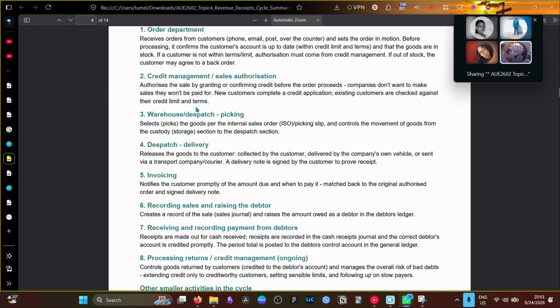Companies don't want to make sales they won't be paid for. New customers complete a credit application. Existing customers are checked against their credit limits and terms. So here, if I own a business, I want to make sure this person is going to pay me. And if this person has a track record that he has paid other people, that's why credit score is also important.